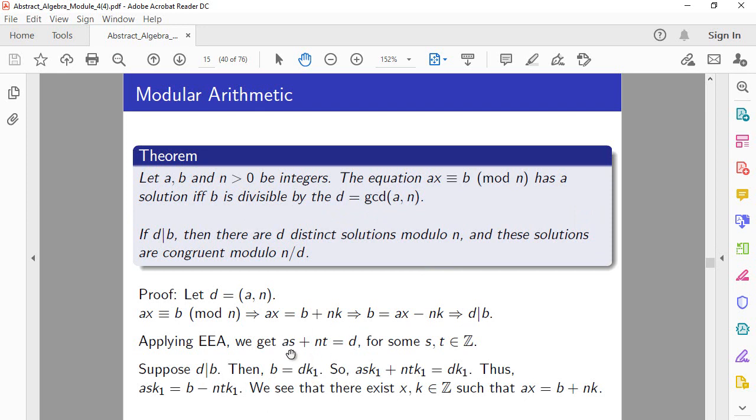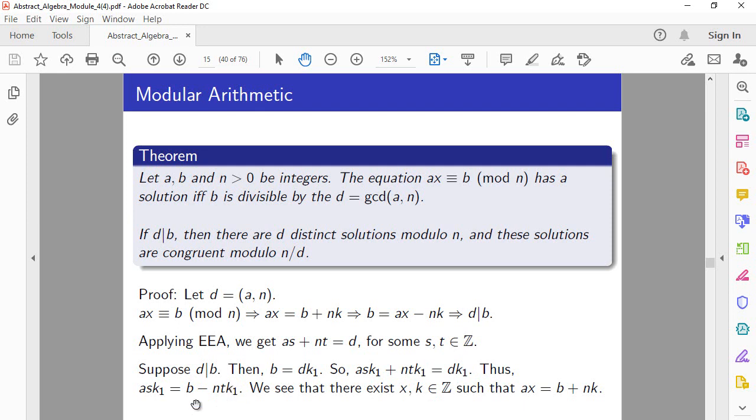Now this equation right here, let's multiply both sides of this equation by k1. And if we do that, we get ask1 plus ntk1 is equal to dk1. Now dk1 is b, so we find that ask1 is equal to b minus ntk1. Now replace sk1 by x and replace negative tk1 by k.